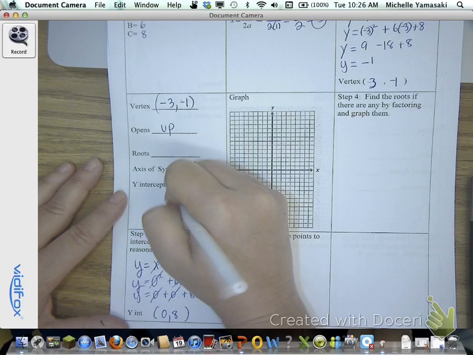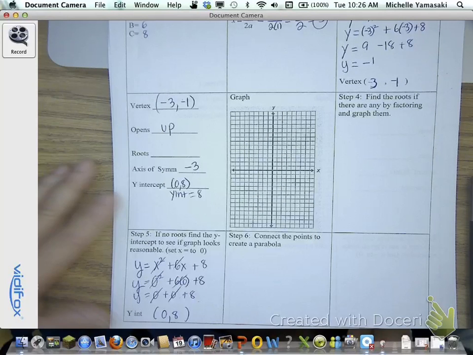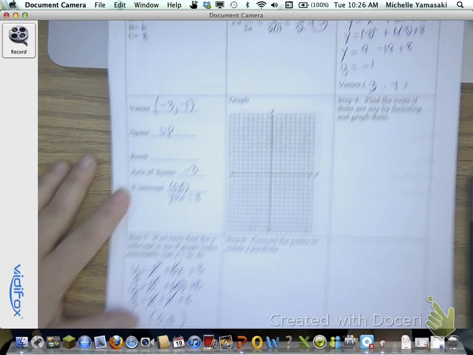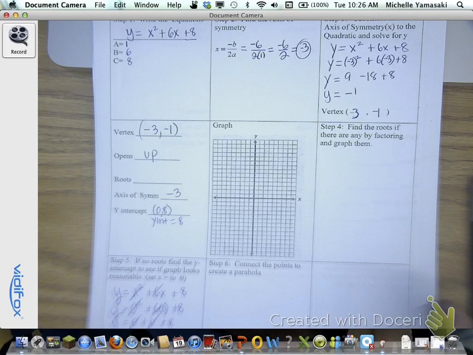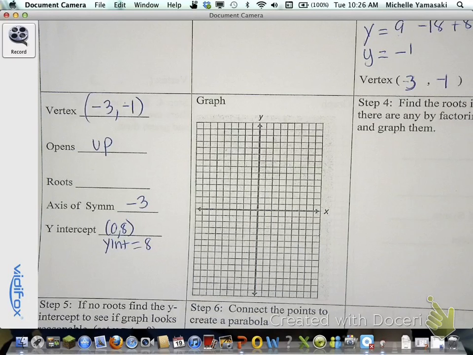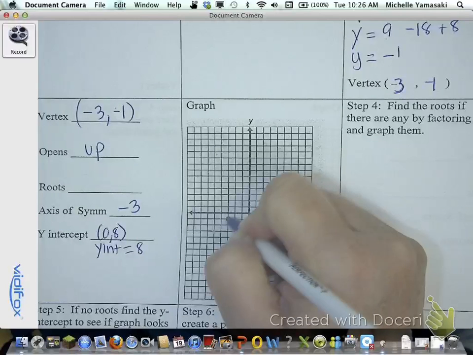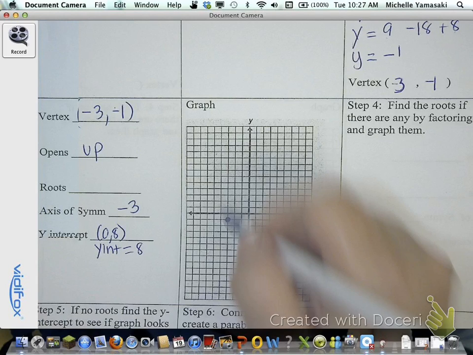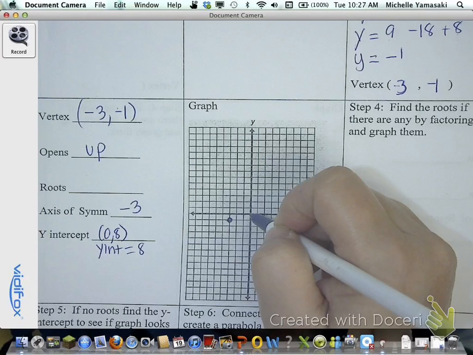Now I've got a few things to graph. Okay? So I'm going to start graphing what I have. I have my vertex, which is negative 3, 1, 2, 3, and then down 1. I have my y-intercept, which is 0, 1, 2, 3, 4, 5, 6, 7, 8.